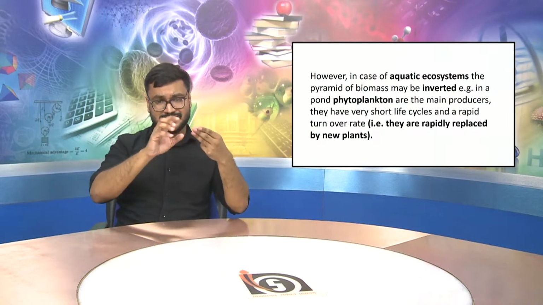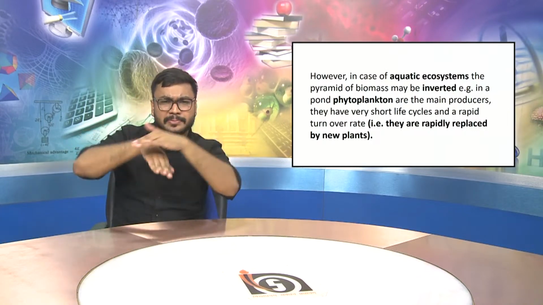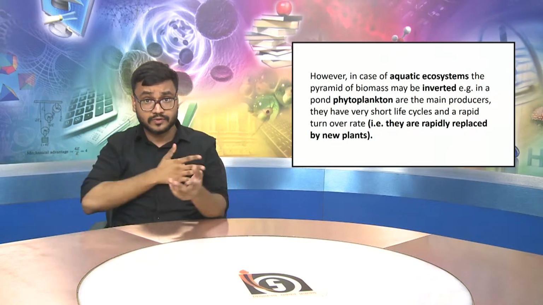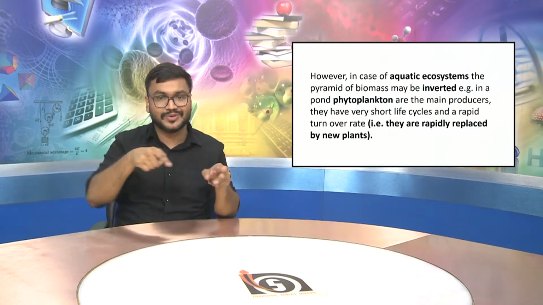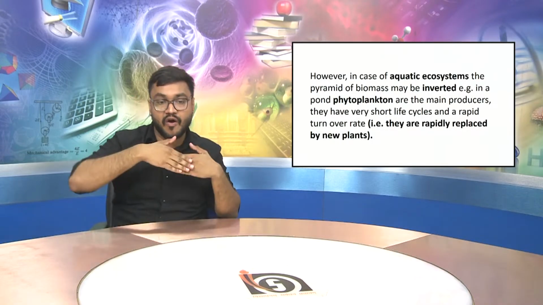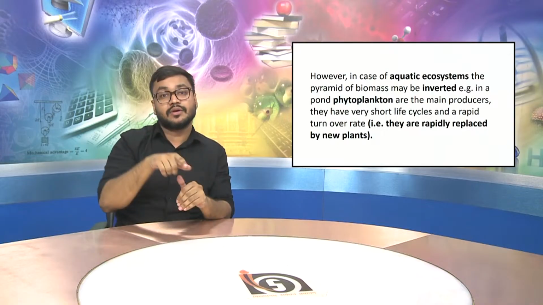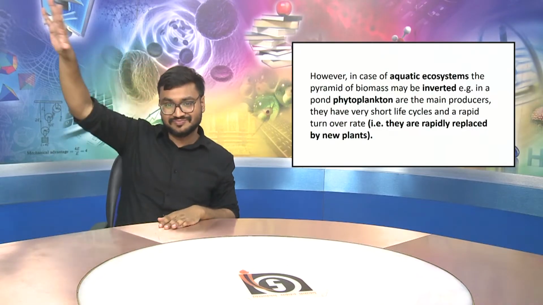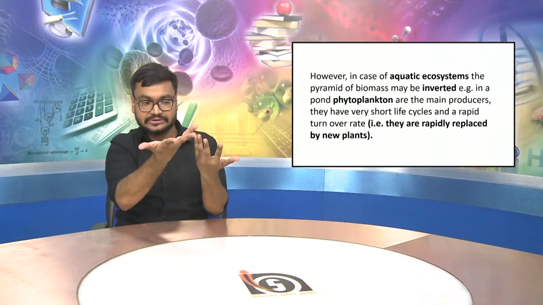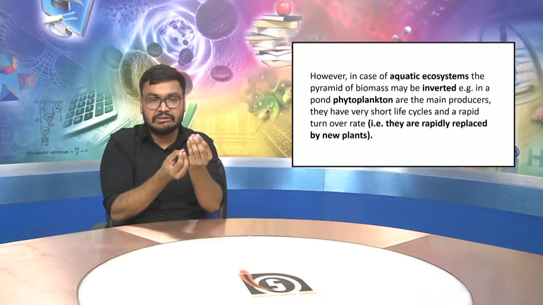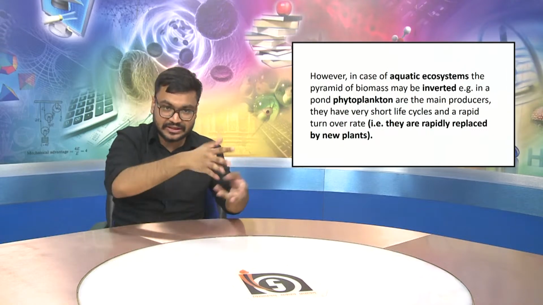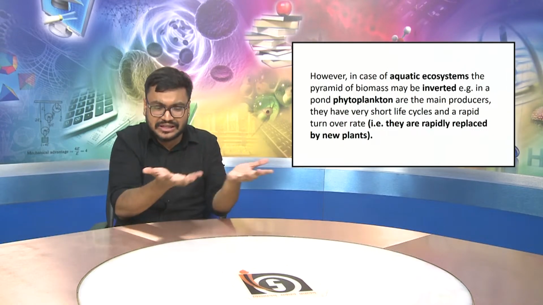However, in case of aquatic ecosystems, the pyramid of biomass may be inverted. Example, in a pond, phytoplankton are the main producers. They have very short life cycles and a rapid turnover rate. That is, they are rapidly replaced by new plants.